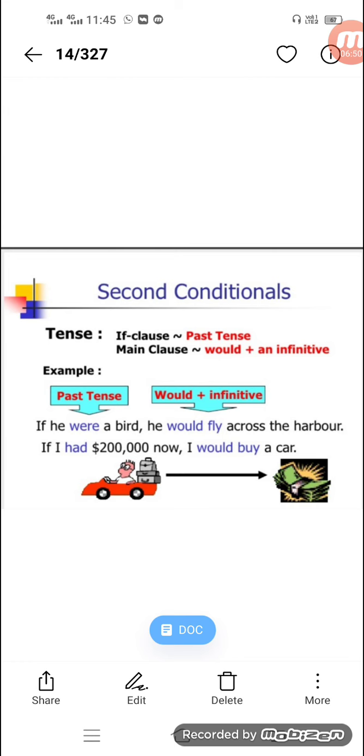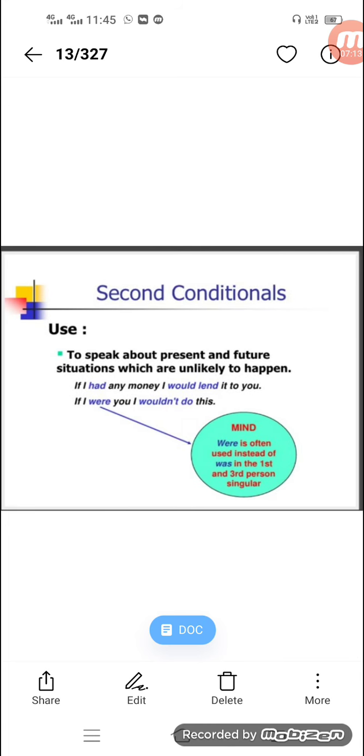Here I cannot become a bird and I cannot fly. It shows that there is an improbability of the action or situation. That's why we can say that this second conditional is called improbable conditions.